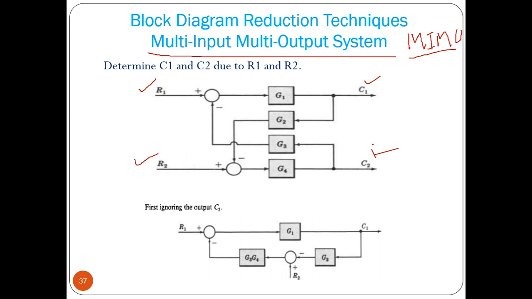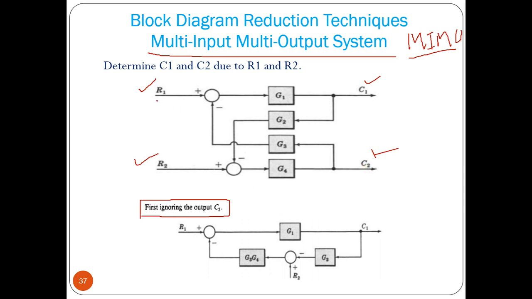Okay. Then we have to ignore C1 output with R1 R2 as the input, C2 as the output. We have to find out using superposition what is the output. Then we can do the addition. Okay. So first we have to ignore the output C2.